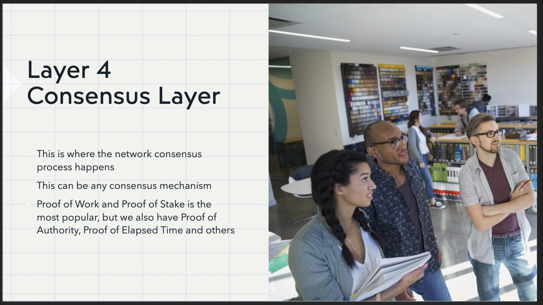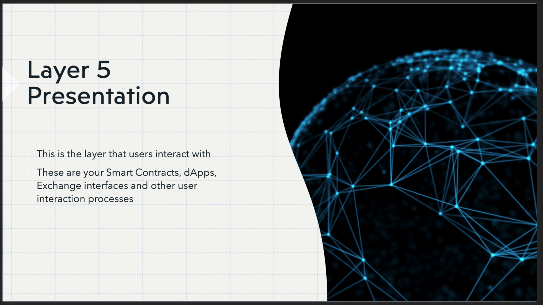Layer 4 is the consensus layer. This is where all the consensus process happens. It can be any consensus mechanism: proof of authority, proof of stake, proof of work, proof of elapsed time. That's all of the things that go into layer 4, that consensus layer. And then finally we get to your application or your presentation layer.